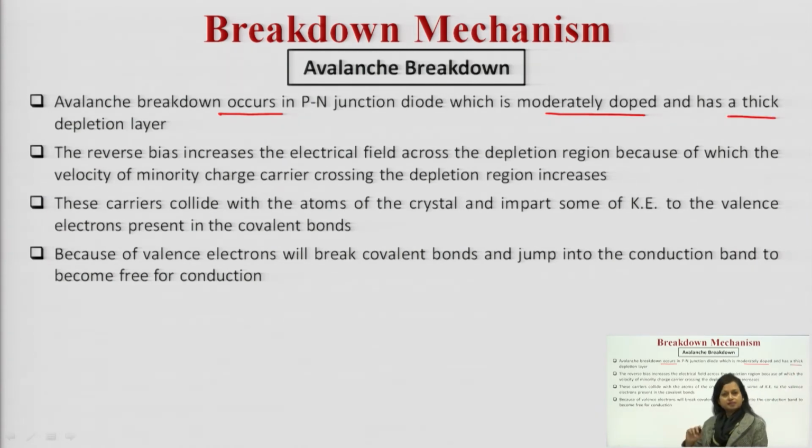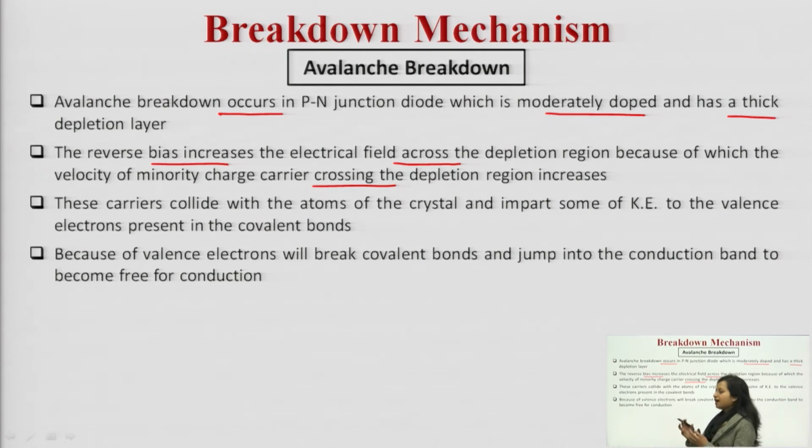If you compare the Zener and the avalanche one, here you can see that the depletion layer is relatively thick. When you increase the reverse bias, meaning the potential, the electric field across the depletion region will also vary, and because of that there is a change in the velocity of the charge carriers, and the concentration of charge carriers crossing the depletion layer will increase.